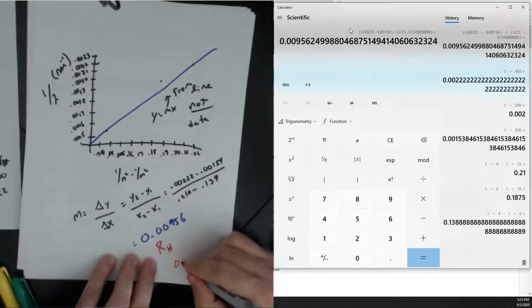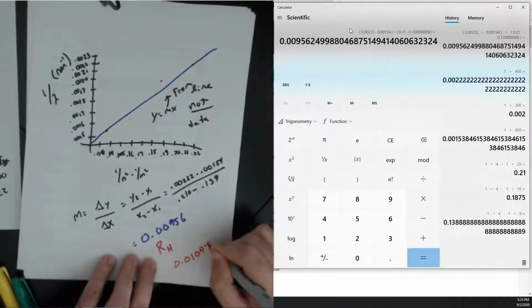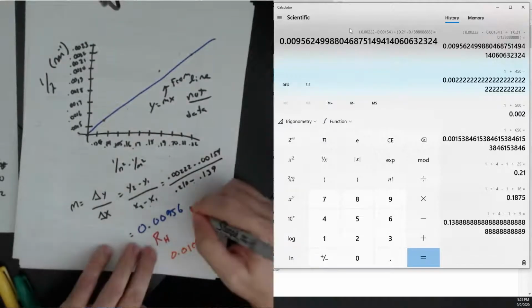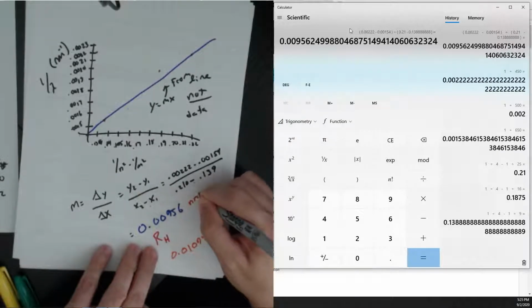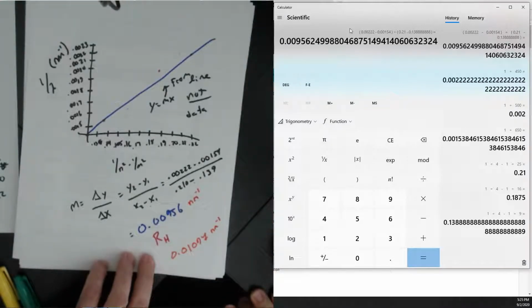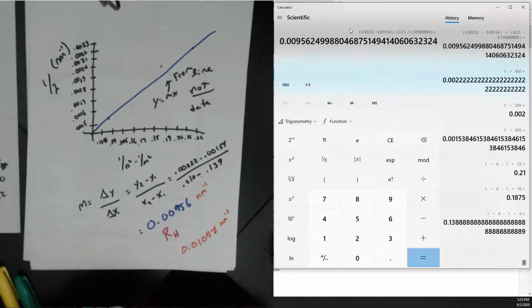The real value is 0.01097 if it's in inverse nanometers. Okay. Wow, I did fairly well, actually. Just for having made up numbers, I'm not too far off. That looks to be maybe 5 to 10%. That's wild.